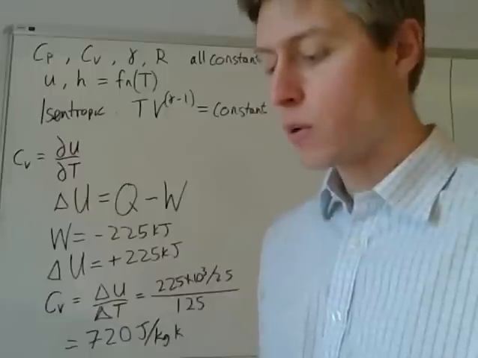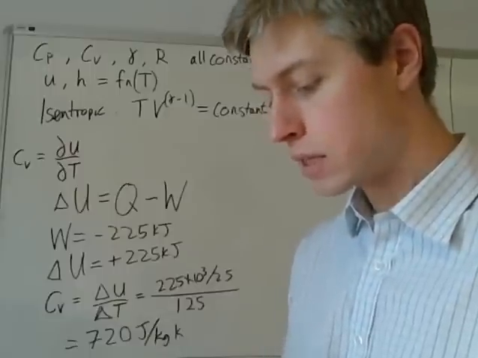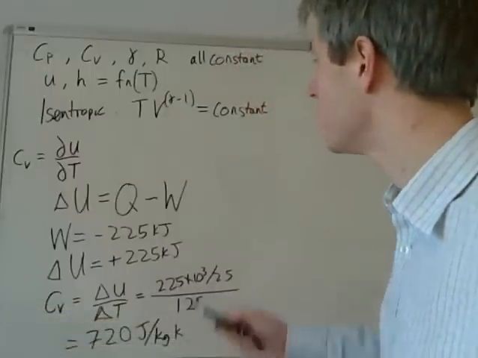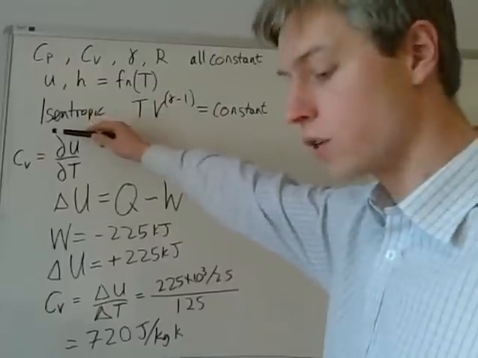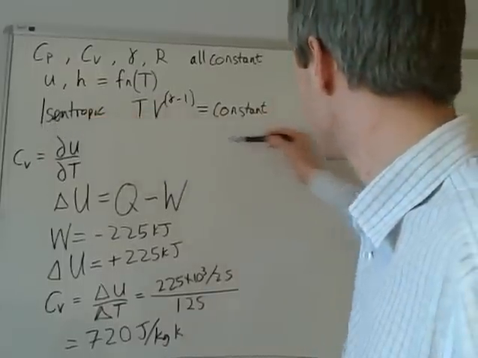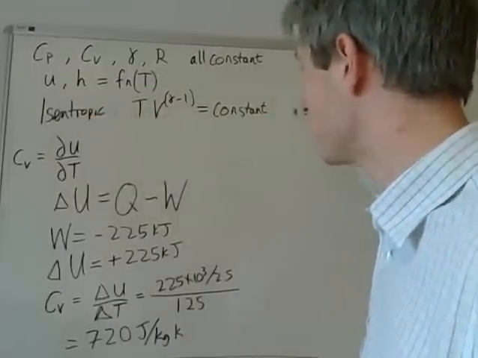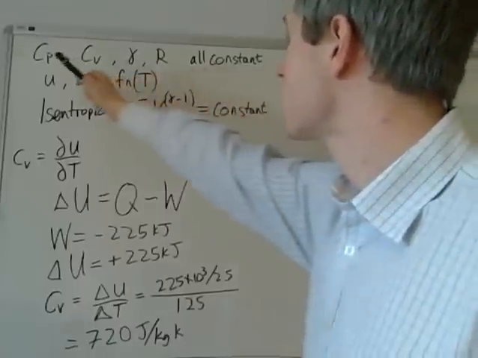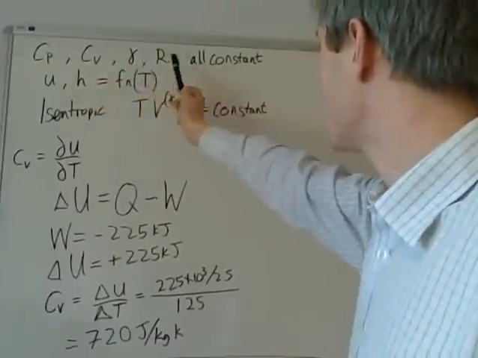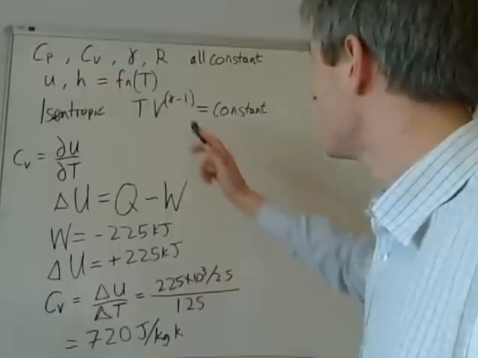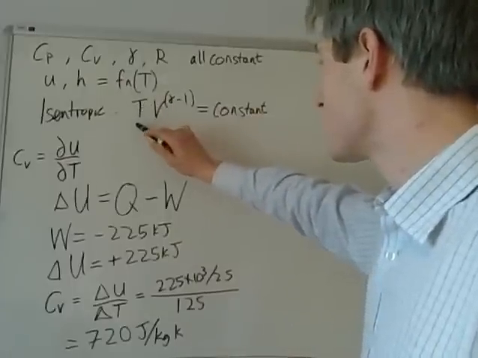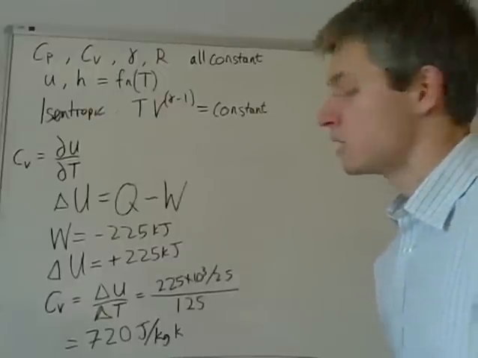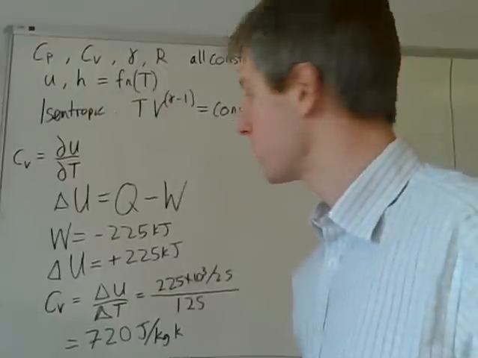The next thing we were asked to answer is to find the heat capacity. Now, going back to the constant pressure heat capacity, going back to the things that we've deduced from the question rubric up here, we know that Cp, Cv, gamma and R are all constant, and that for an isentropic process we can apply this relationship between changes in temperature and changes in volume.